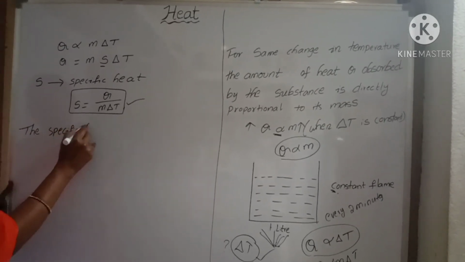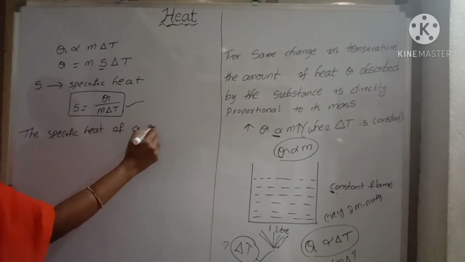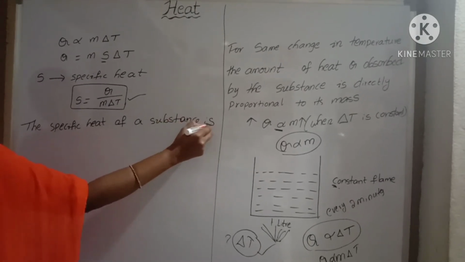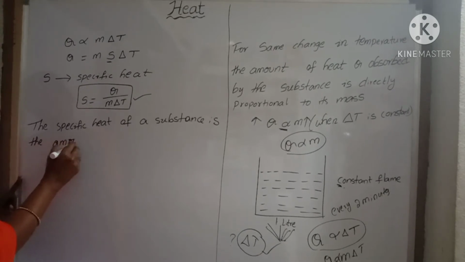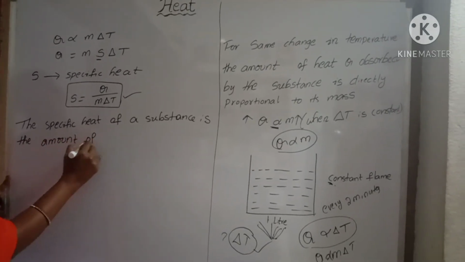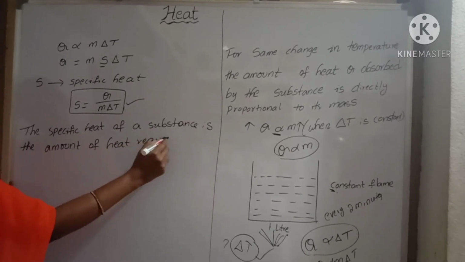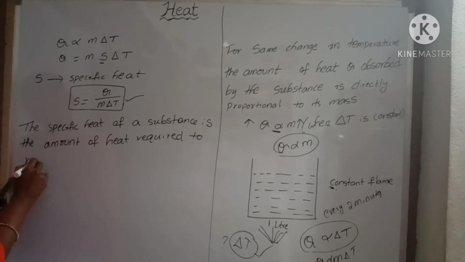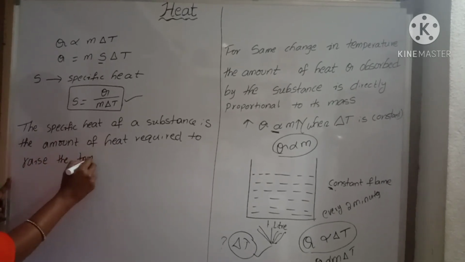So in this activity we are simply taking two conditions. One is two beakers with different quantities of water, the same amount of heat we are giving, and which one takes more time to reach the 60 degree centigrade temperature. From that we wrote Q is directly proportional to M. The second one is 1 liter of water over a constant flame.